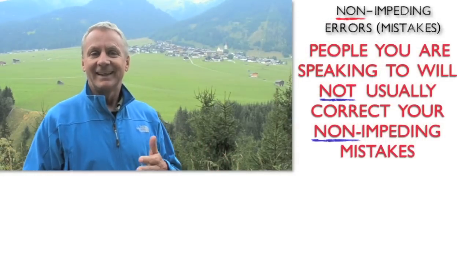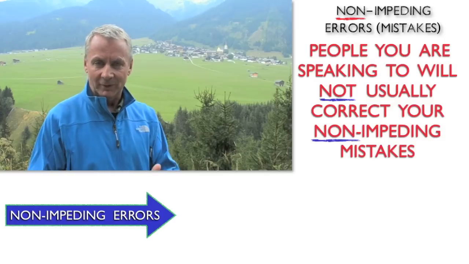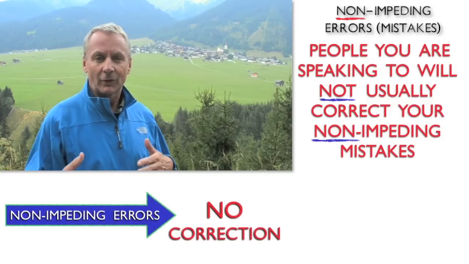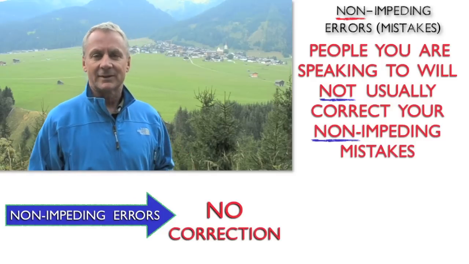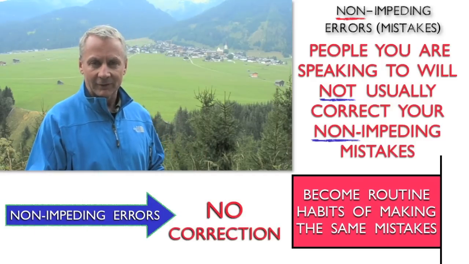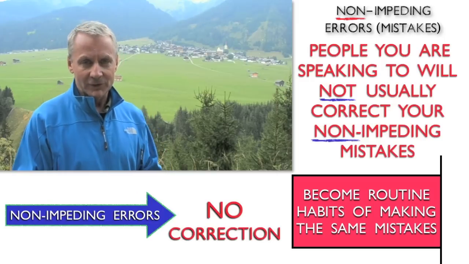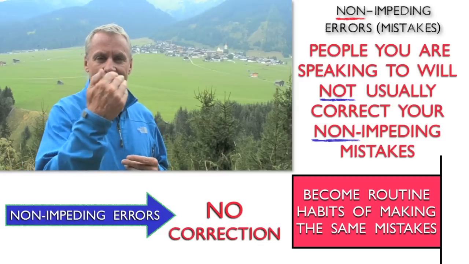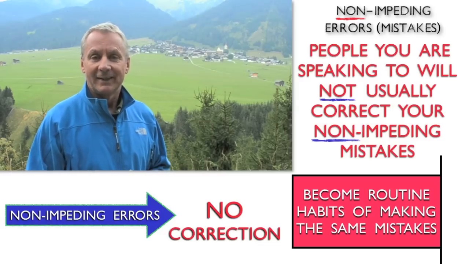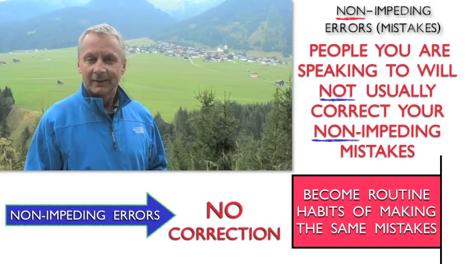To correct a foreigner or a person who is not a native speaker, it's not polite to correct their English. So you will make a lot of non-impeding errors, and unfortunately it forms a routine, a habit of making the same mistake.